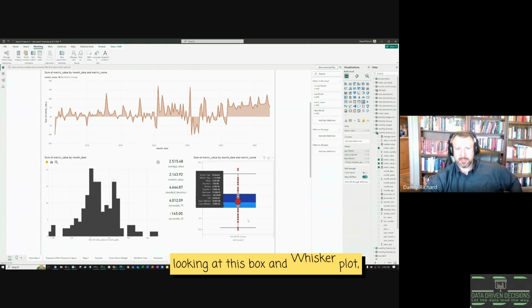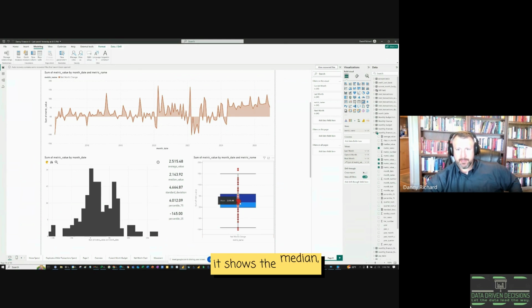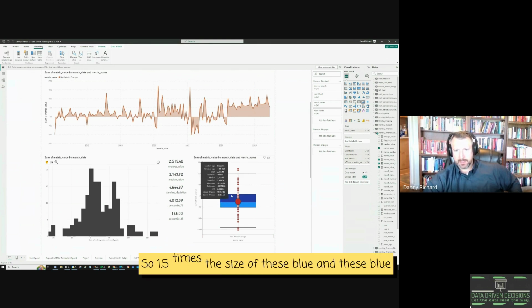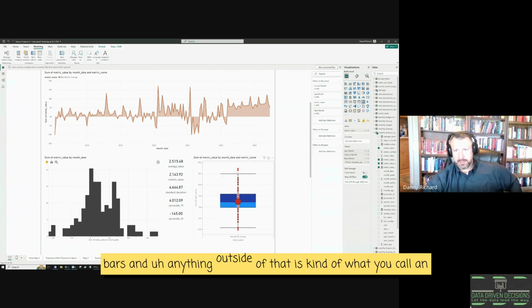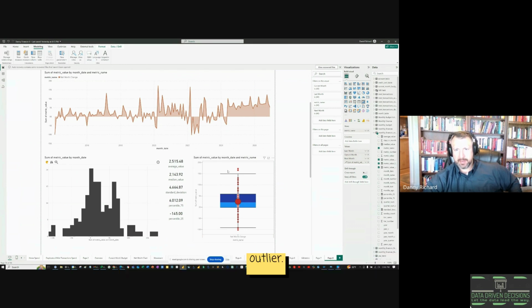Looking at this box and whisker plot, it shows the median, which is the line between the two blues, the mean, which is that red circle, the 75th percentile, the 25th percentile. The whisker is 1.5 times the interquartile range, so 1.5 times the size of these blue bars, and anything outside of that is what you call an outlier.